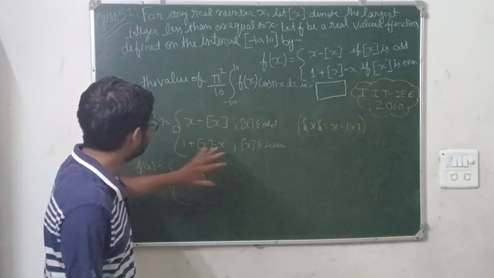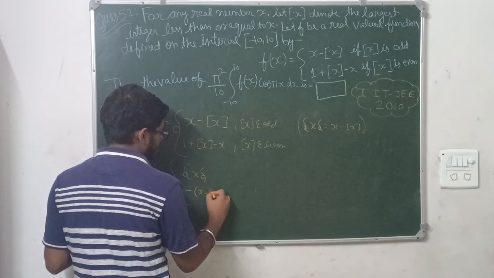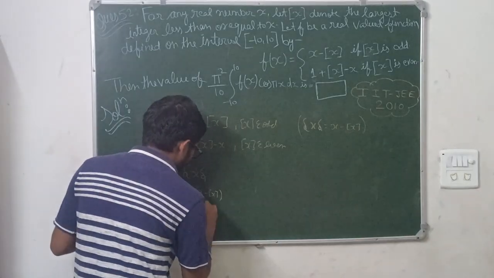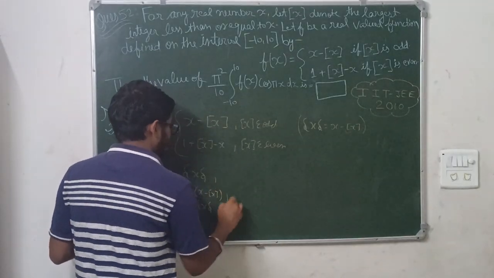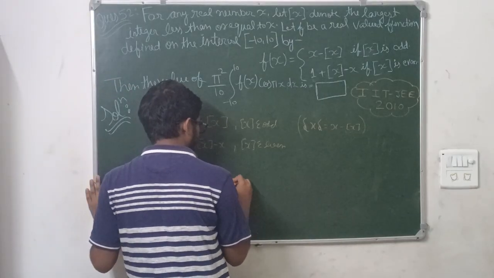And how can you write the other one? You can take the minus sign common, so it becomes minus of (x minus greatest integer of x), and this you can write as 1 minus the fractional part of x. This is the function and this is the function. Now, from where to where will x belong?